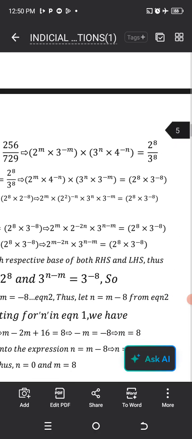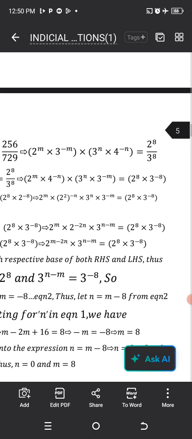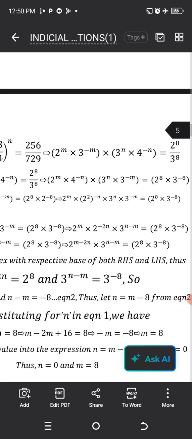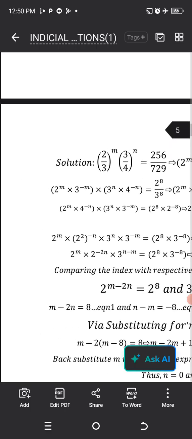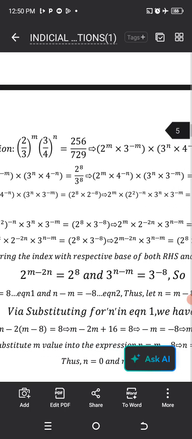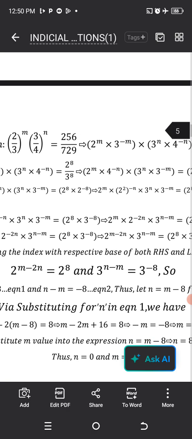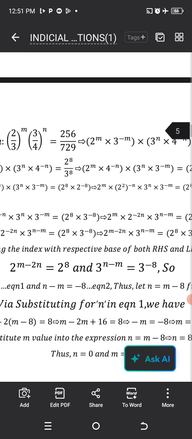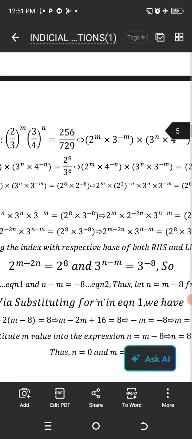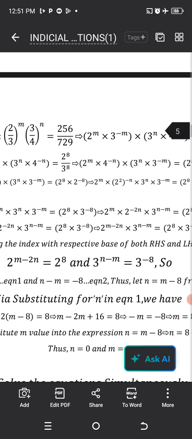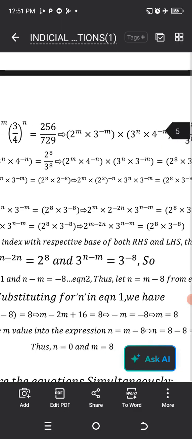We simplify further. You can see that actually they are not the same base, but if you simplify further, 4 will be of the same format as 2. That is why I try to collect the expressions that seem to have the same base. So we have 2^m multiplied by 4 raised to power minus n multiplied by 3^n multiplied by 3 raised to power minus m.